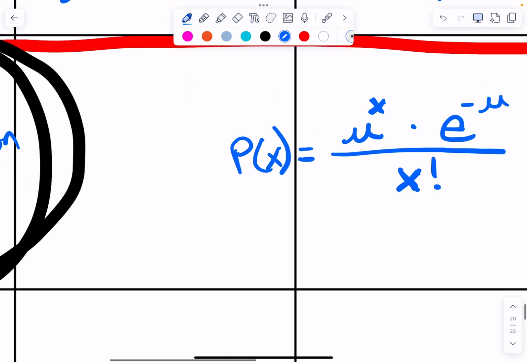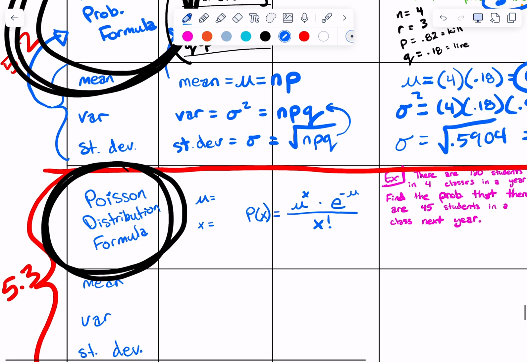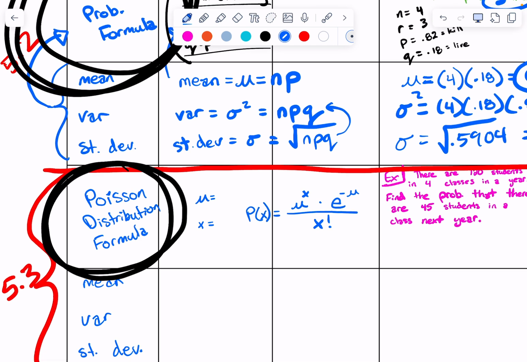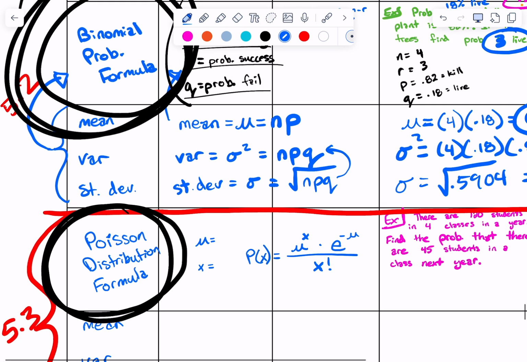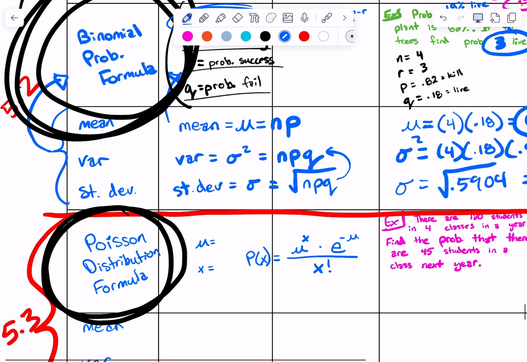So, what are the 2 things you need? You need mu, which is the average, and you need x, and that's it. So, how do you know that you're using the binomial formula and not the Poisson formula? You have less things. The binomial will give you a total number. The Poisson won't.